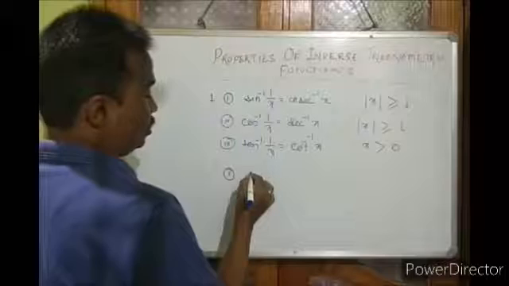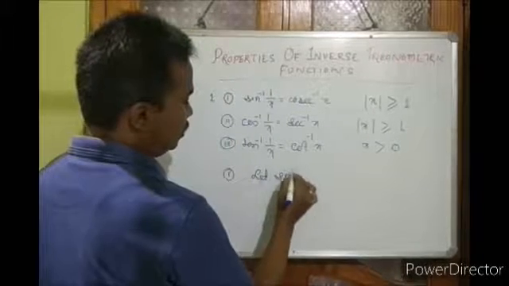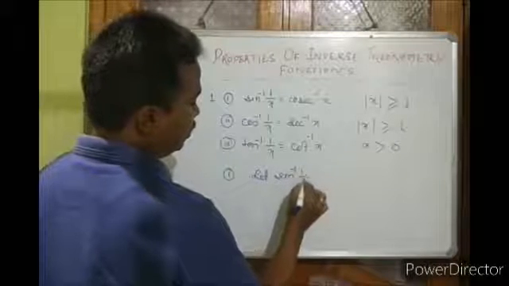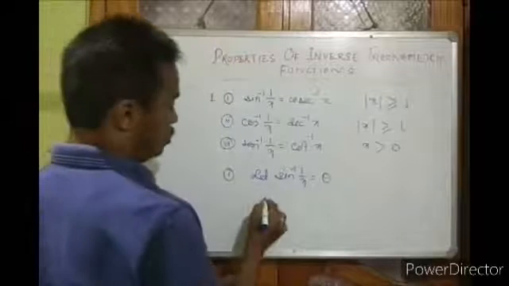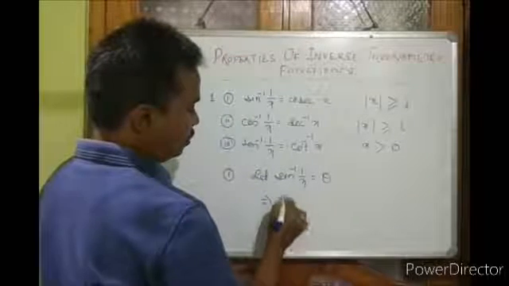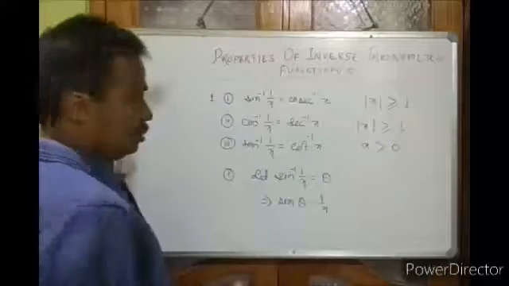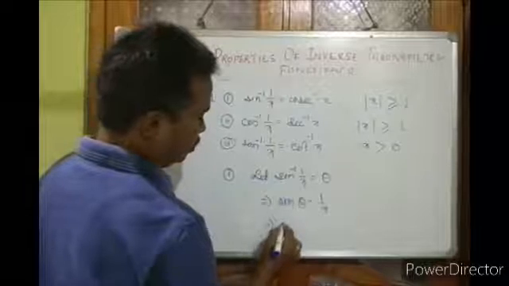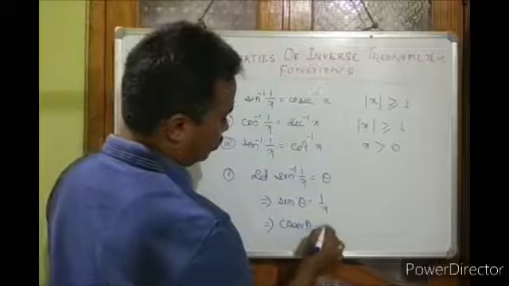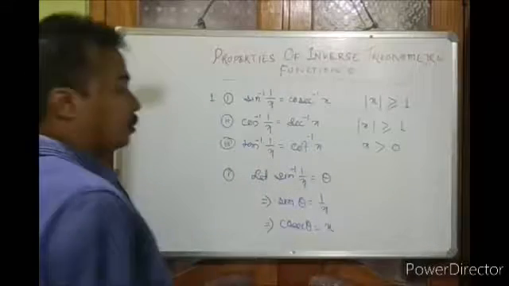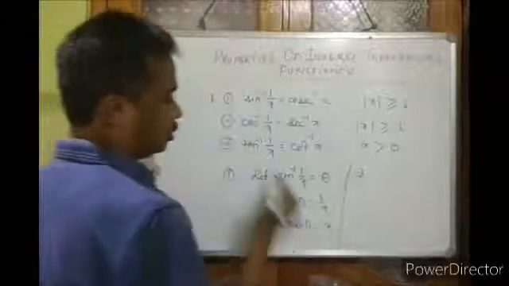Let sin inverse 1 by x be equal to theta. So this implies sin theta is equal to 1 by x. So this implies cosec theta is equal to x.